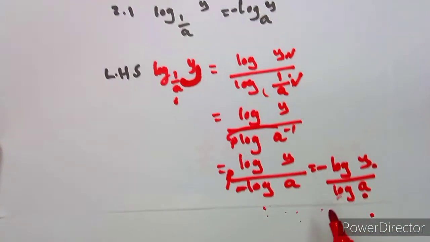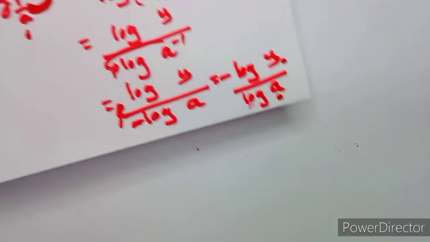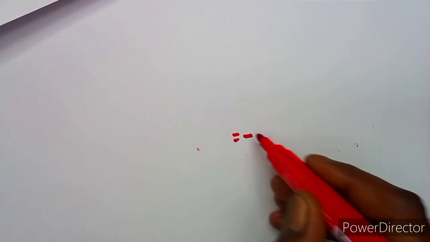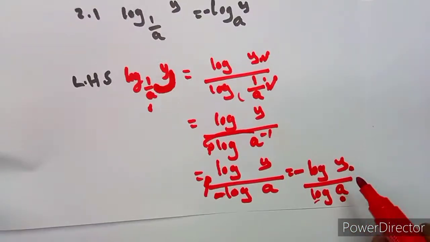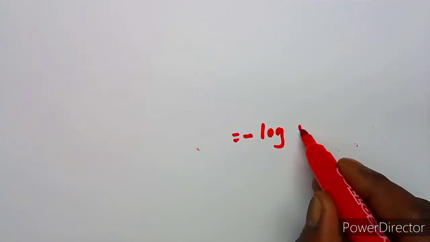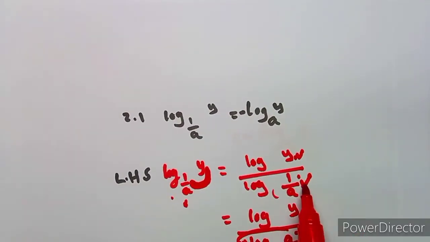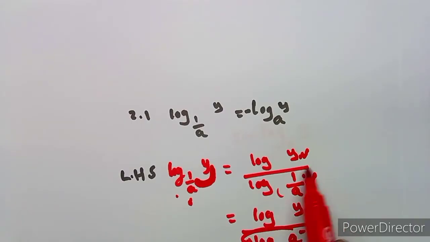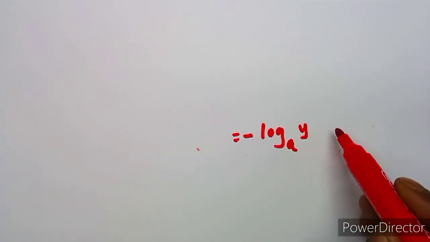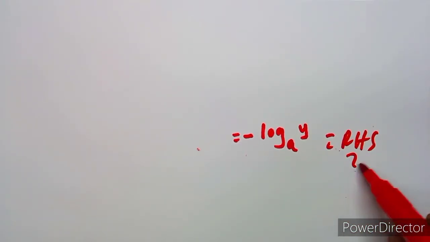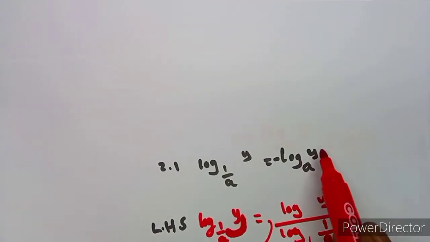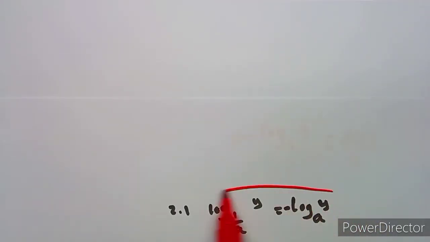So this part here can be written in short as minus log y in base of a. So it's log y in base of a from this law that we applied first. Now it's a reverse. We are coming from this back to this law. So that is what we are going to have. And this is actually equivalent to the right hand side, which is the condition that we are given.